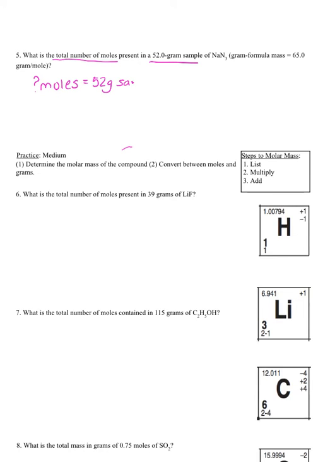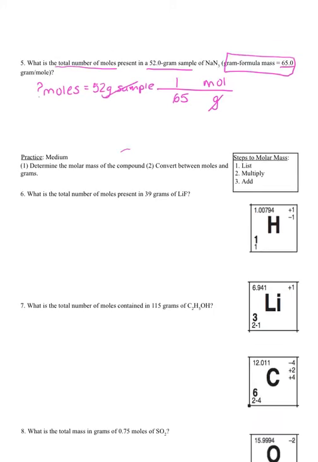I could write sample. Okay. The conversion factor is here. I have to put grams on the bottom so grams can cancel grams. And I put moles on the top. And I'll go back and put the values in. I know that there are 65 grams for every 1 mole.